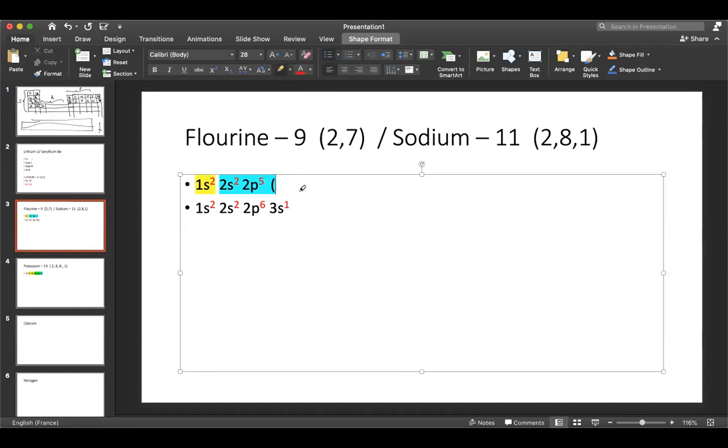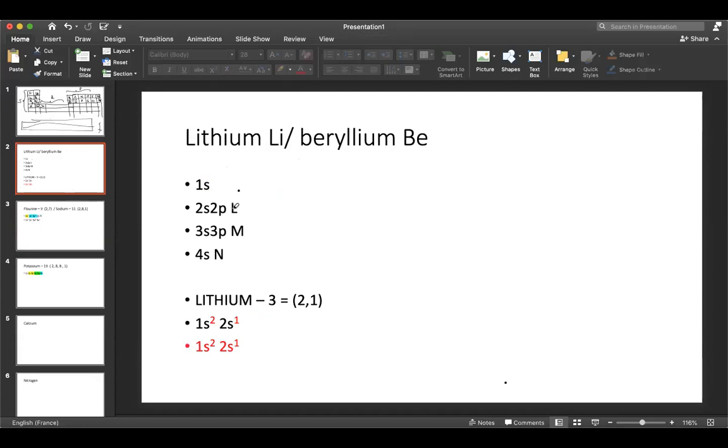Exactly. This is the same as 2,7, the electron configuration that you did, because the 2s2 and the 2p5 is just one orbital, which we are calling the L orbital.